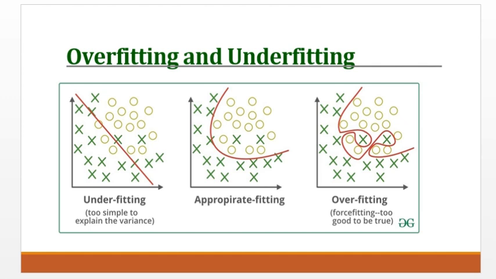Given the diagrams for overfitting and underfitting, for underfitting we have a straight slope, which indicates too simple and explains the variance. For overfitting we have a unique pattern, also known as force fitting, which indicates that the model has too many features. Hence, for appropriate fitting, we have a parabola type of graph.